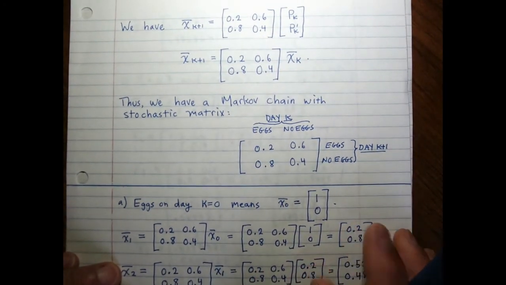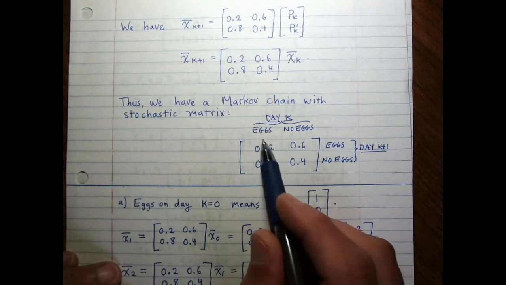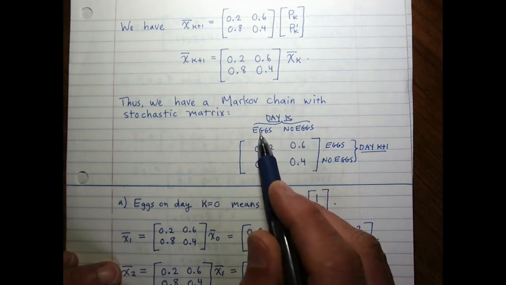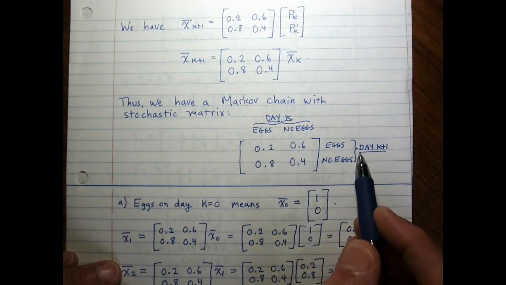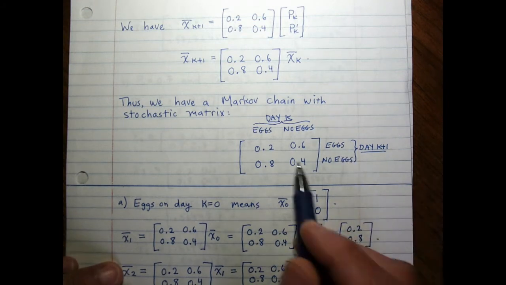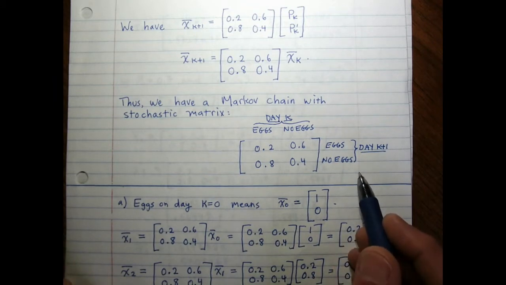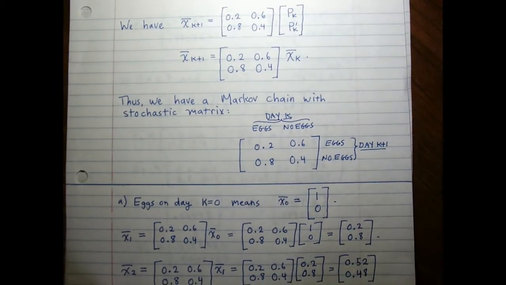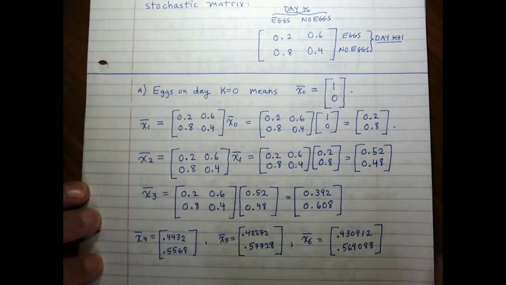And you can sum it up by saying the columns correspond to whether you have eggs or no eggs on day k. The rows correspond to whether you'll have eggs or no eggs on day k plus 1, at least the probability of those things. So now, really, the setup is done, and it's just plugging in to do some of this analysis.